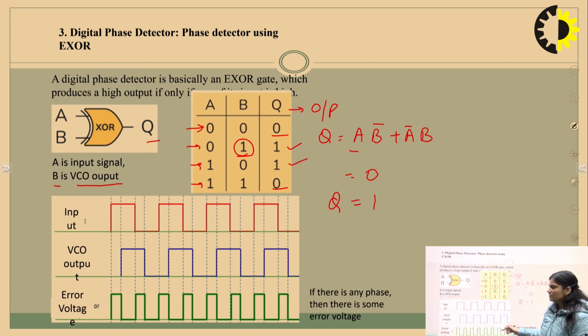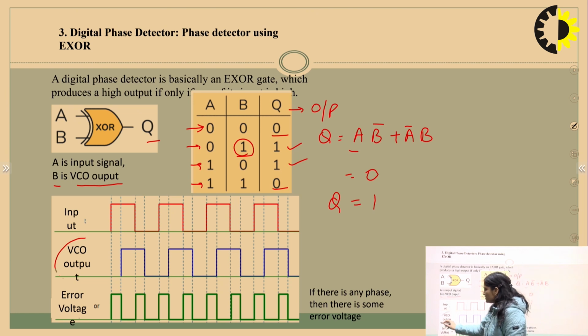Now we can show it graphically. This is your input signal and this is the output signal, and you can see this VCO output is shifted from here, and this Q is shifted by the phi angle.